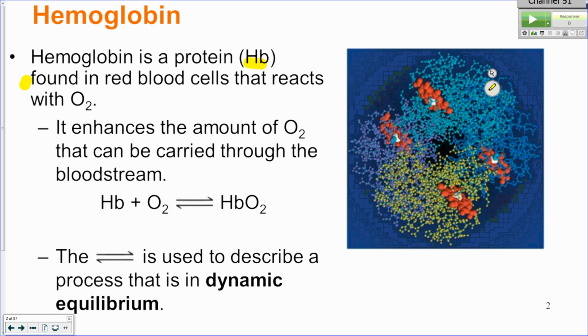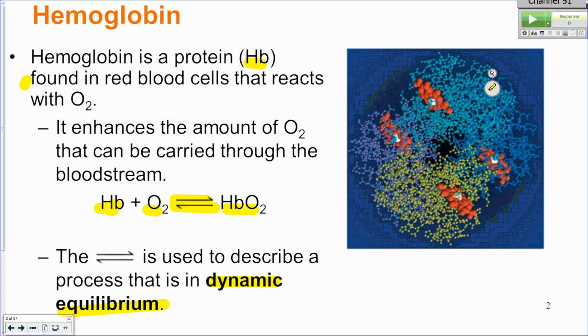So what happens is that hemoglobin binds with the oxygen at the interface of the lungs, and it forms this oxygen-hemoglobin complex. The fact that these arrows are pointing both ways means that it's a dynamic equilibrium. The reactions are simultaneously occurring in the forward direction and the reverse direction, and it depends on which one has the highest tendency.